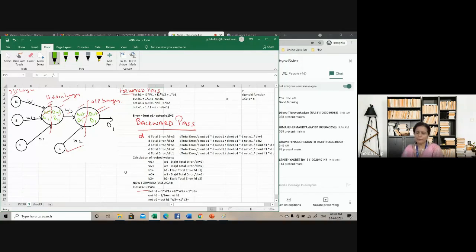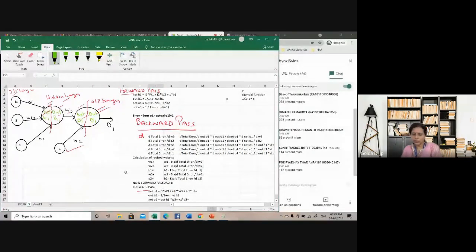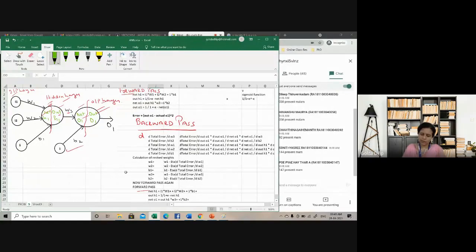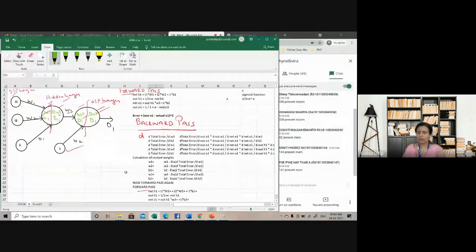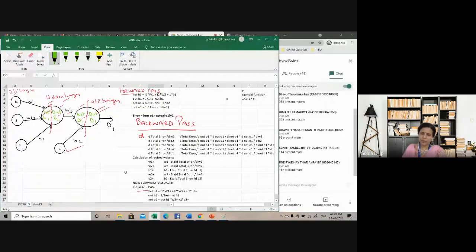147, Mona. Okay. 148, present, ma'am. Ragul Raj. Present, ma'am. Sanjay Nambiar. Present, ma'am. Lokeshwar. Yes, ma'am. Kishore. Yes, ma'am. 169, Sai Prakash.